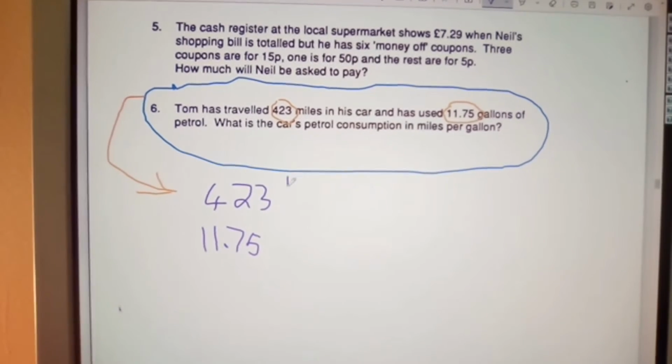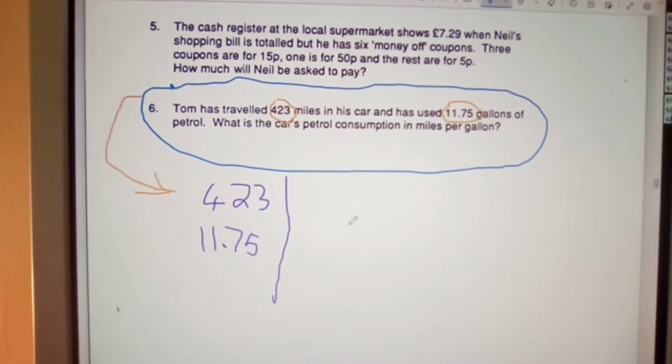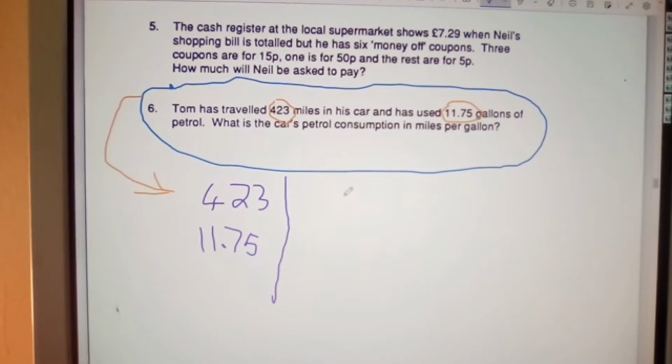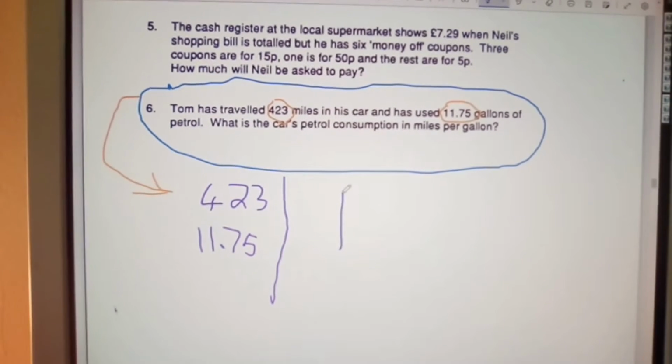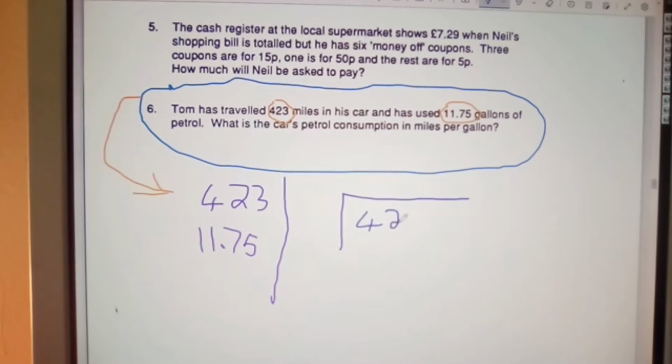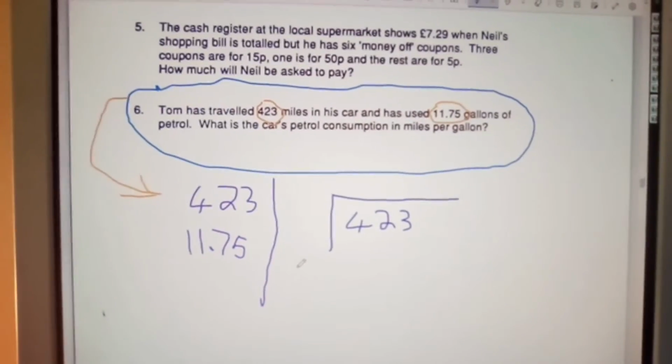So let's just draw our line down. Let me get my new colored pen and draw my brackets in. Put in 423. Now this is interesting.